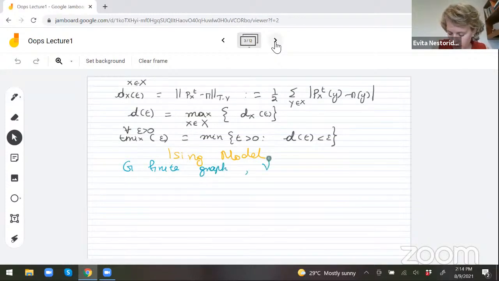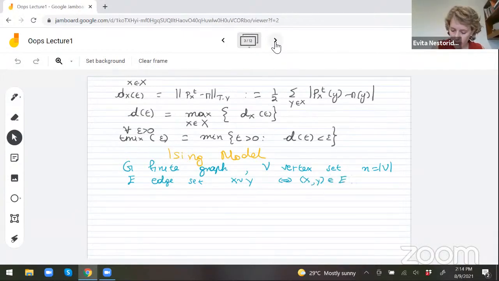V is the vertex set, and N is the size of the vertex set. And E is the edge set. And we'll write x adjacent to y to indicate that xy is an edge, for x, y in the vertex set.